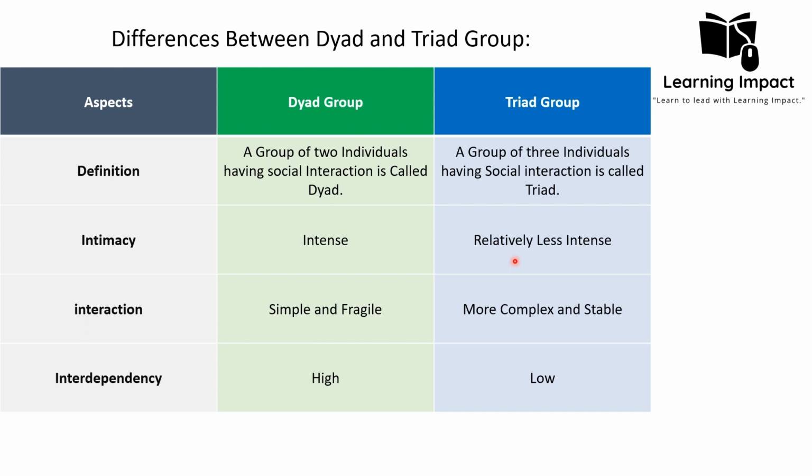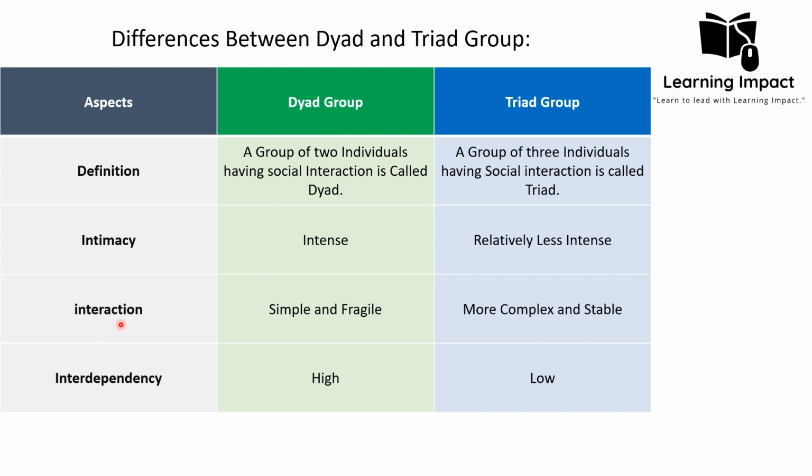So when the parents behave differently in front of their child, and this child sometimes also interrupts the privacy of their parents. So the intimacy is considered relatively less intense in case of the triad group.